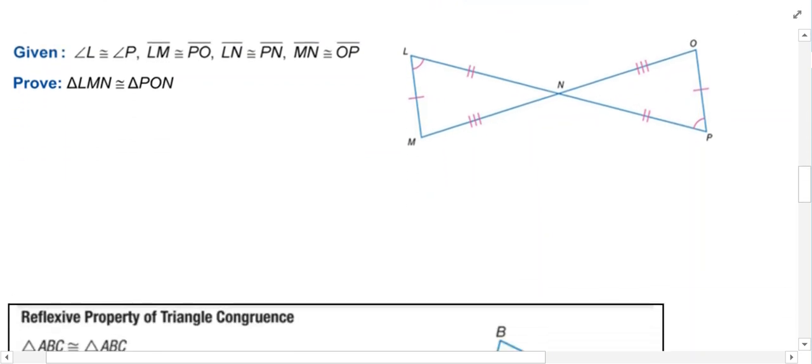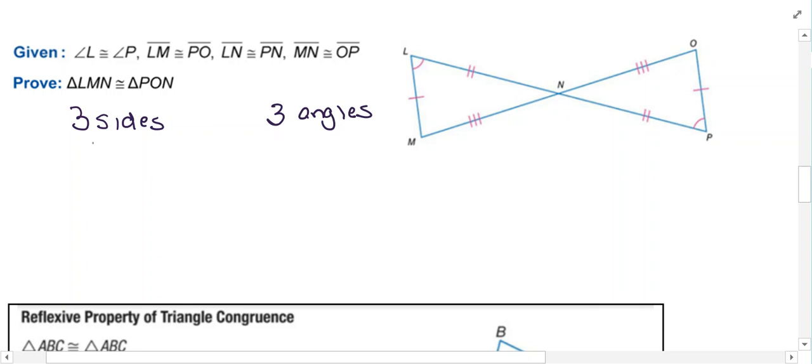We're not doing two-column proofs in this, but I do want to look at problems like this, and we're going to make a list. If sometimes we need to give a reason why certain things are done, I want you to do that. So I'm looking at listing the three sides that are congruent and the three angles.